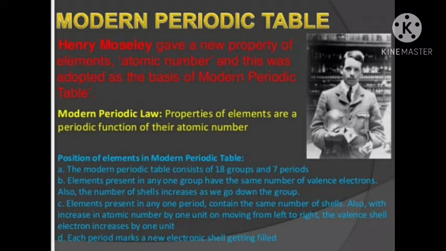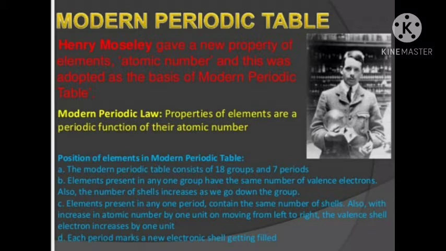Position of elements in the modern periodic table. The modern periodic table consists of 18 groups and 7 periods. Elements present in any one group have the same number of valence electrons. Also, the number of shells increases as we go down the group.